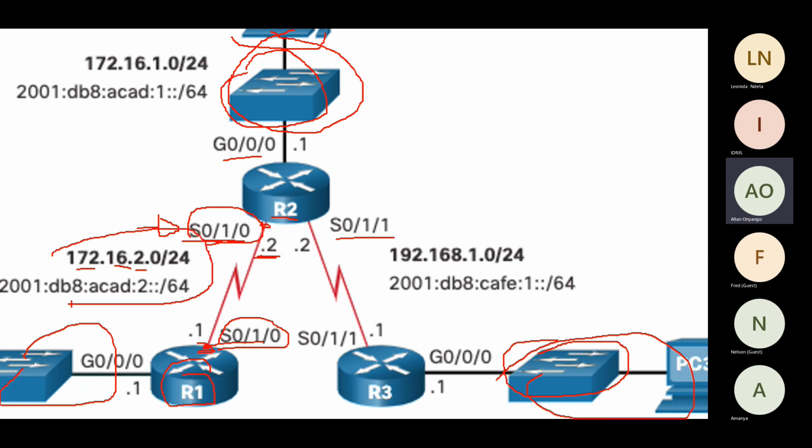This is their network. So like I said, don't talk about the interface itself of the next hop router. You talk about the IP address of that particular interface, which for version 4 is 172.16.2.2. For IPv6, it's 2001:DB8:2:2::2/64.